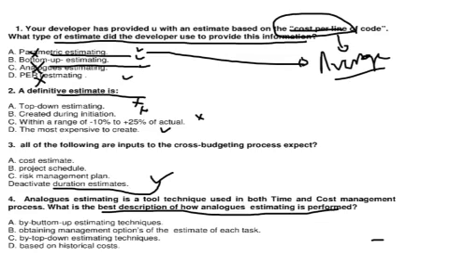No, because if you have historical data, then you can always go with parametric. Analogous is not required, so that one can be ruled out.